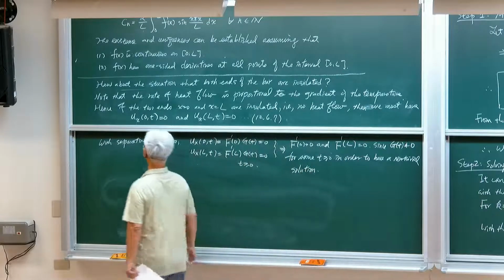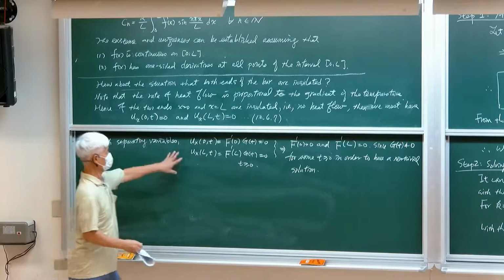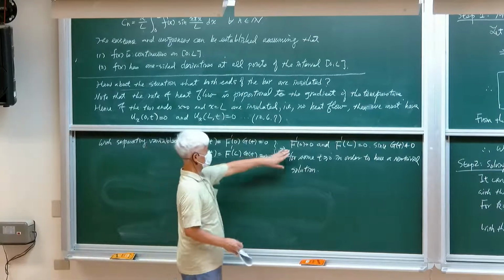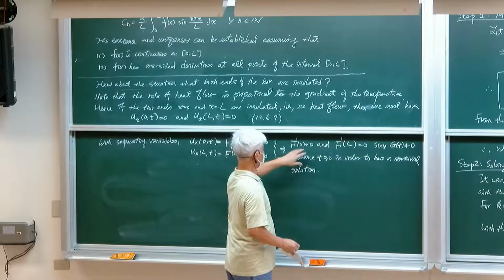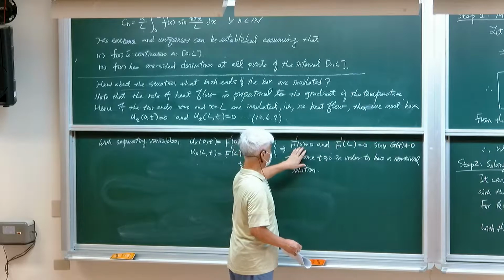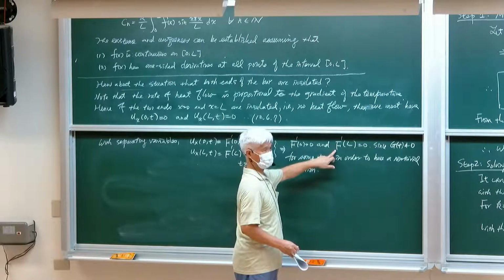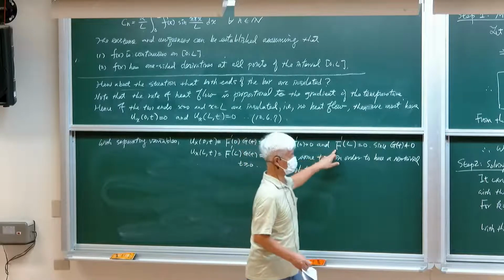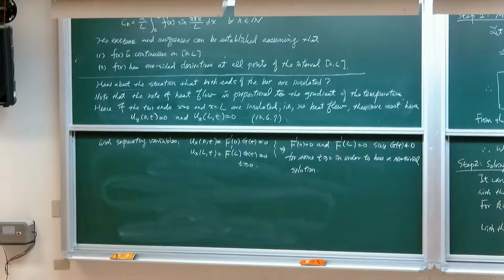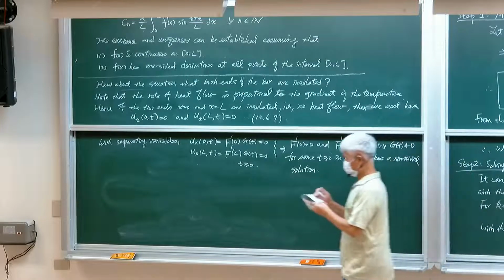So the two boundary conditions now govern the boundary values of the first order derivative of f(x) instead of f(x) itself.